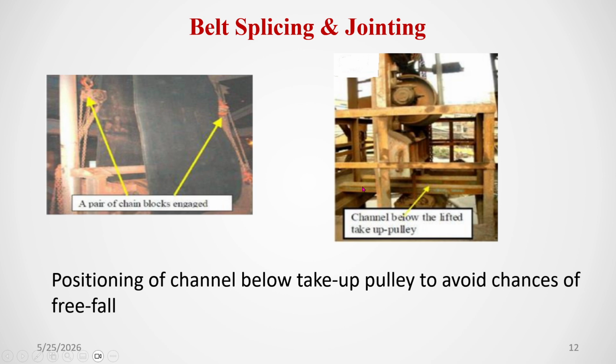So you have to lock it using some channels. You see the channels we have provided under the gravity weight, and a pair of chain pulley blocks we have to engage to tie both ends. Either put the channel or hold it with the chain pulley block, so that you can hold the gravity weight and it does not fall.